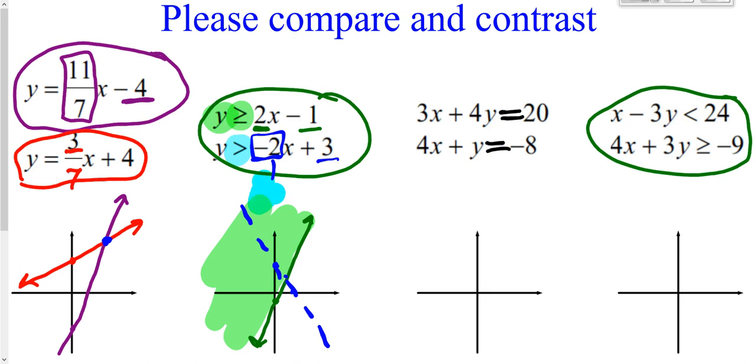And then remember, your answer is only where they overlap. And they only overlap at the top part. So I'm going to go ahead and erase this stuff where they are not overlapping. And then your answer to this system of inequalities is only where they overlap.